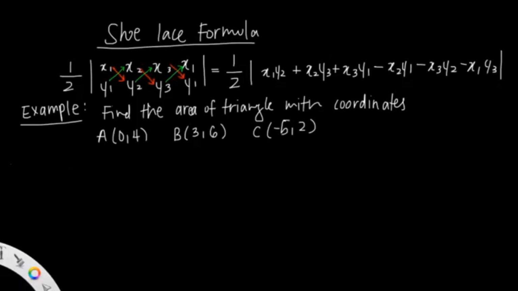So you just put in these coordinates into the formula, giving you 1/2, 0, 4, 3, 6, -5, 2, and 0 and 4.